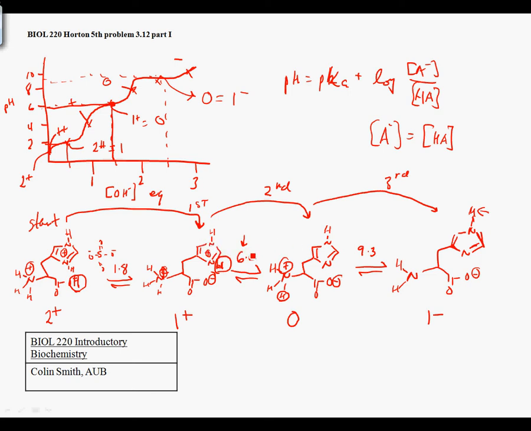So if we have equal amounts of this form and this form, then any acid added to the system can be absorbed by this form, and any base added to the system is absorbed by this. So we see that when the forms are equal, at half an equivalent, the rate of change of pH with respect to equivalents of base is slow.